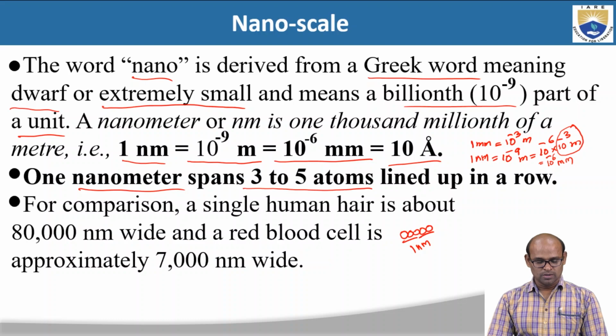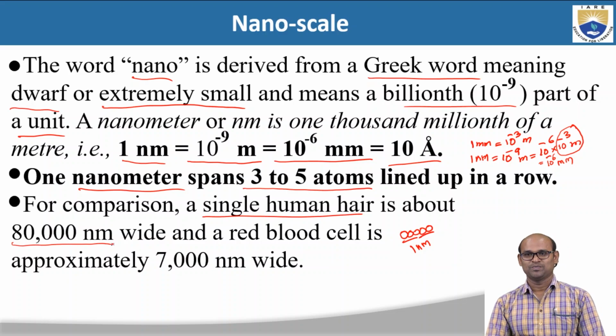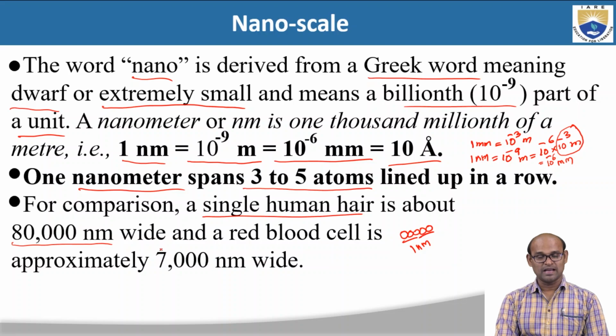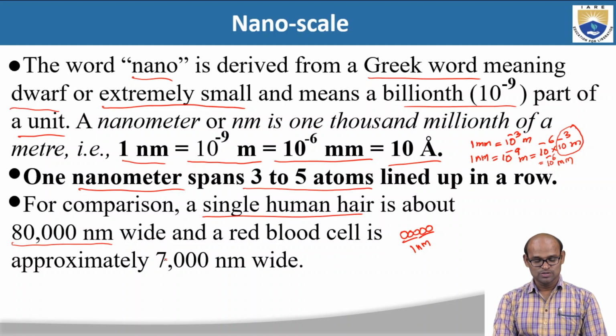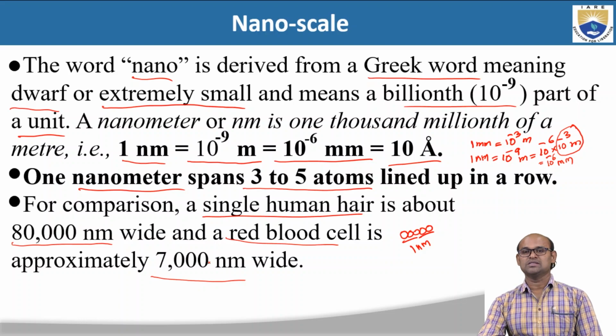For comparison, a single human hair is around 80,000 nanometers wide, and a red blood cell is around 7,000 nanometers wide.